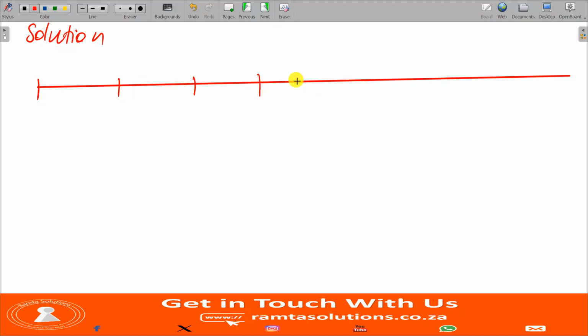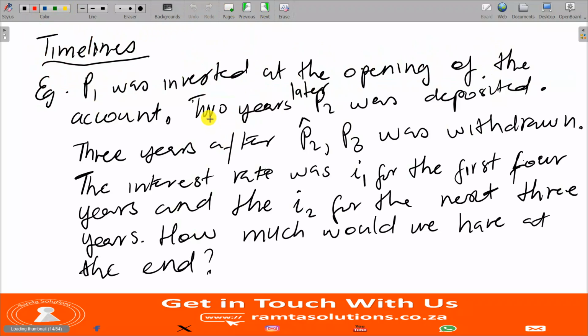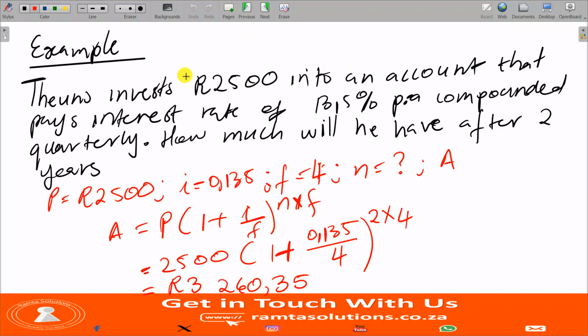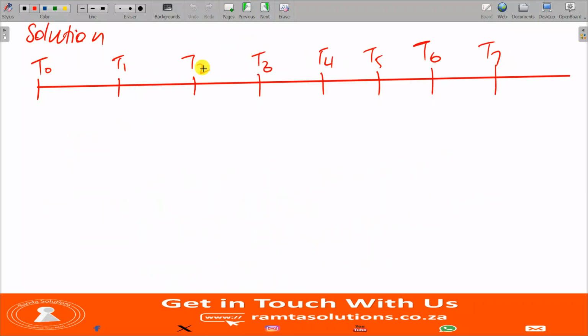Let's say this is T0, T1, T2, T3, T4, T5, T6, T7. I figured that this one is T7. So now let's read the statement. P1 was invested at the opening of the account. This is at T0. So we say plus P1.